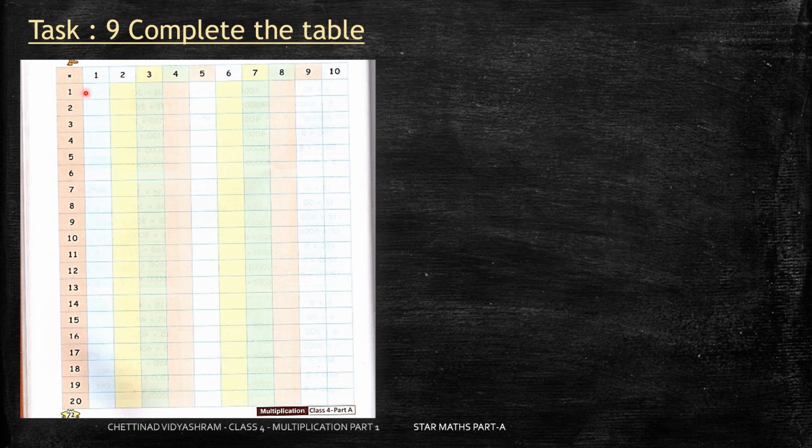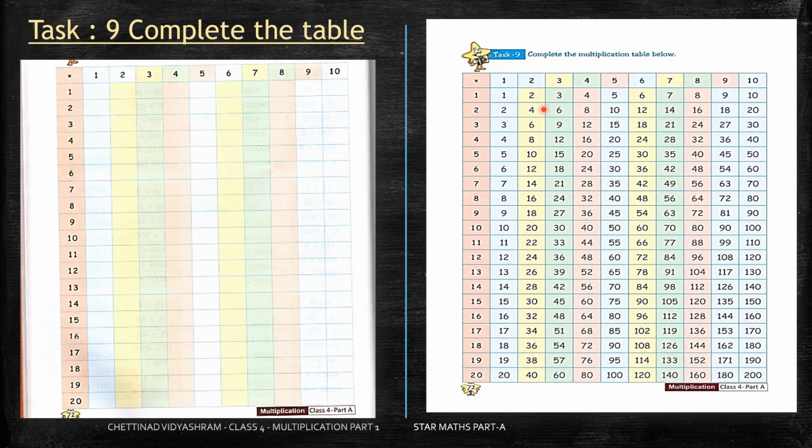Start multiplying from 1 ones are 1, 1 twos are 2, 1 threes are 3, 1 fours are 4, like that up to 20. So fill the table using your multiplication, and here is the answer for this table. You try and fill this table and check your answer from this one.